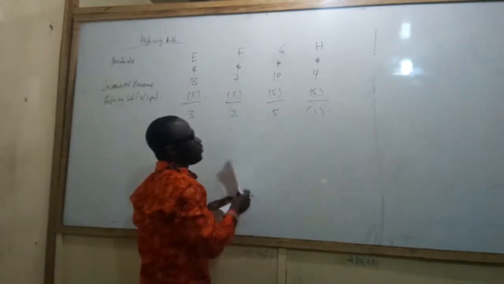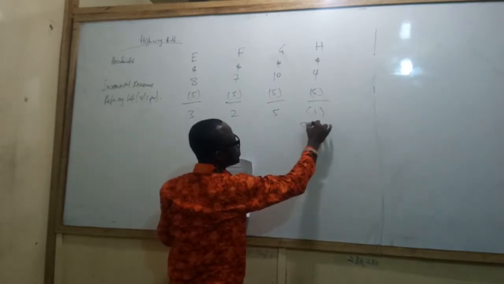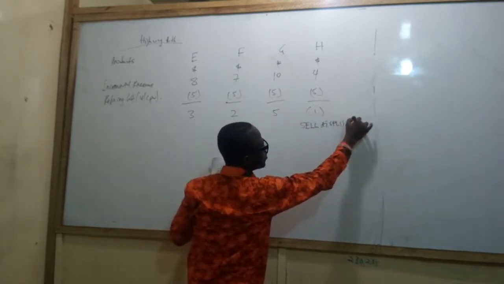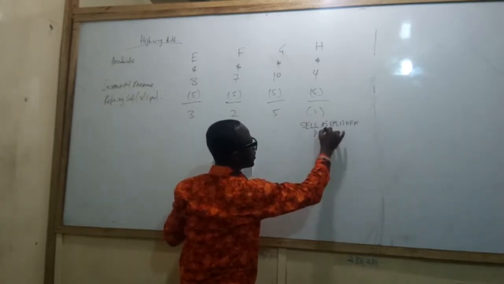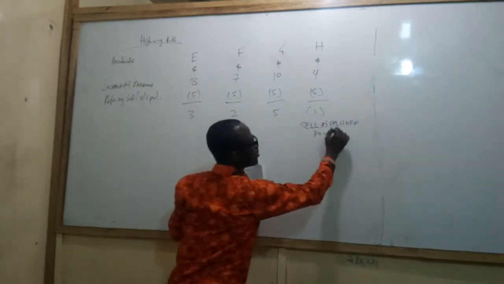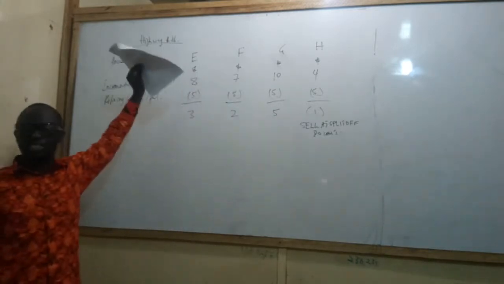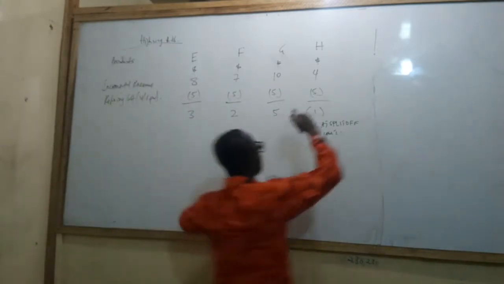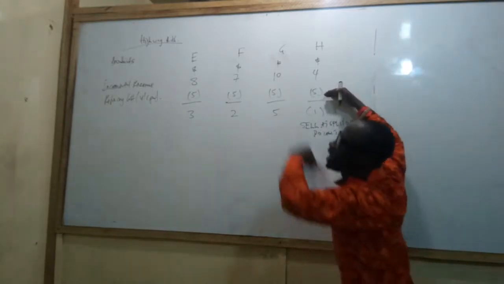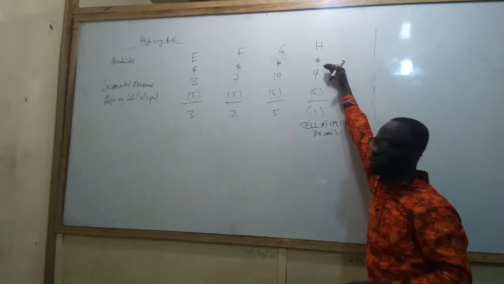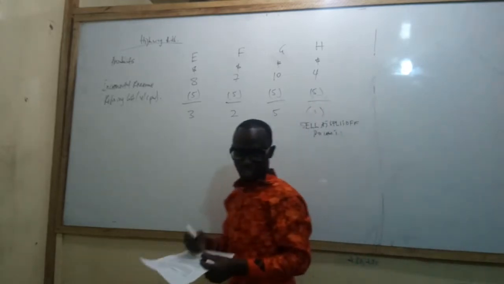So we say that for H, we will sell it at the split-off point. Sounds good? So H work has ended because the variable cost of further processing is more than the incremental revenue. Then we continue with the rest.